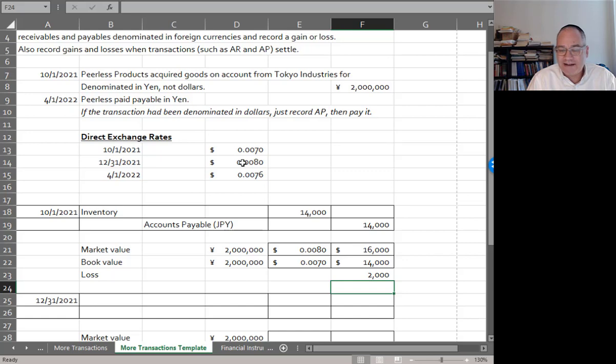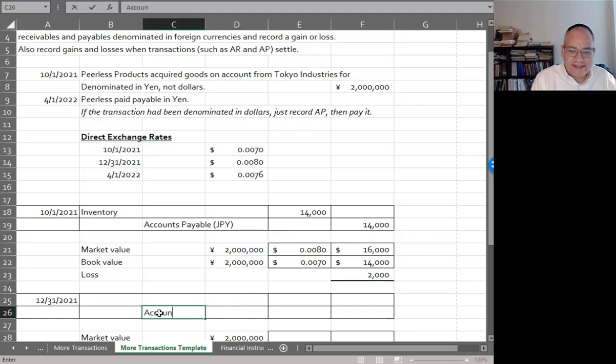His name was Marty, right? And what Marty would do is he would say it out loud. He would say, right now I have a payable for $14,000, but the currency went up, and the book value is going to increase to $16,000, and it's a payable and the payable is going up, therefore I'm going to need to pay more money, and therefore I have a loss.